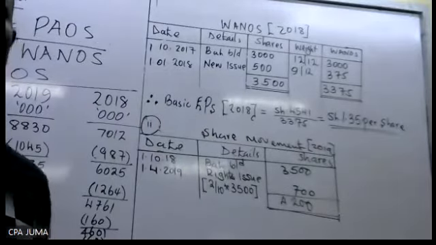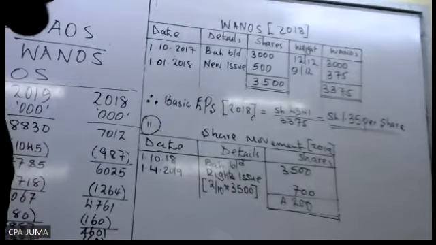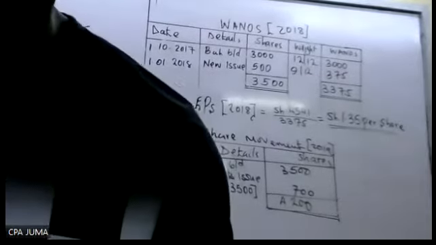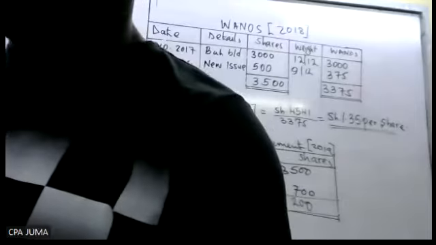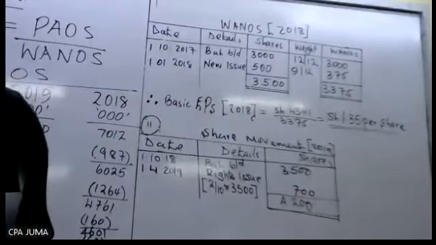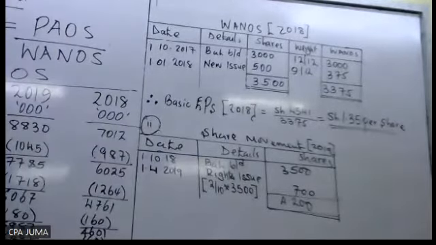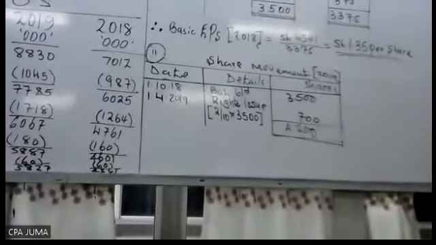So before you weigh them, kindly determine what we call the ex-rights price. Determine the ex-rights price. The ex-rights price is the average, as we said in the last class: the average market value of those shares.